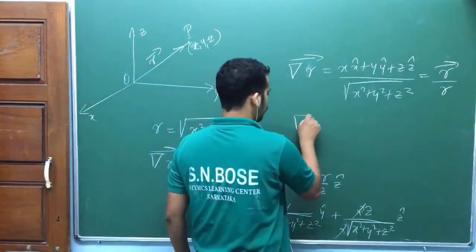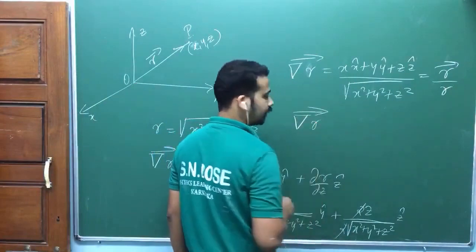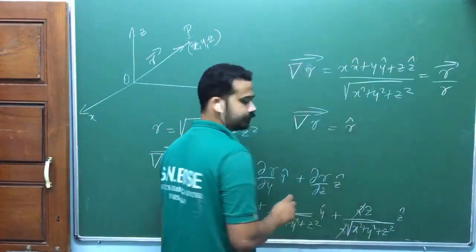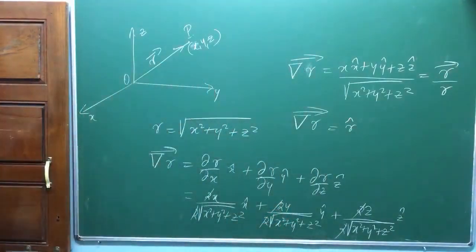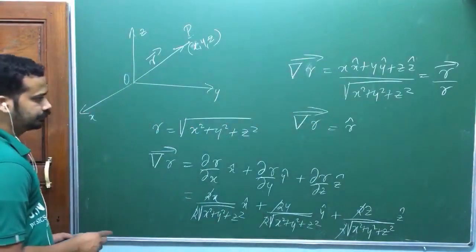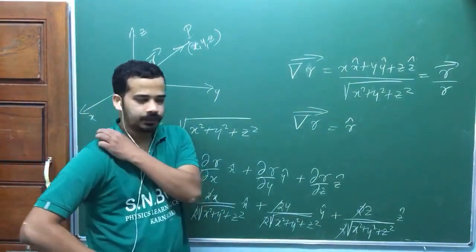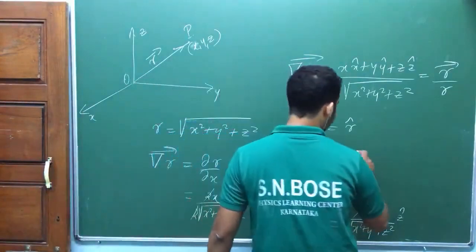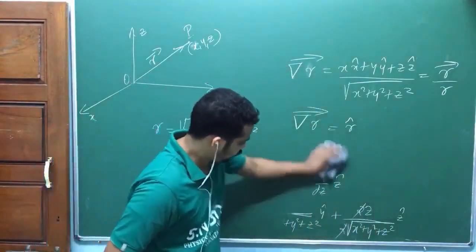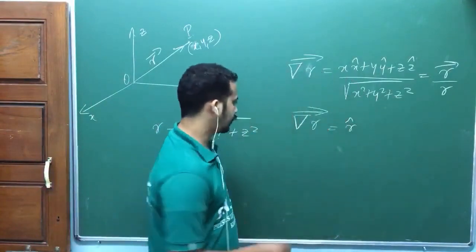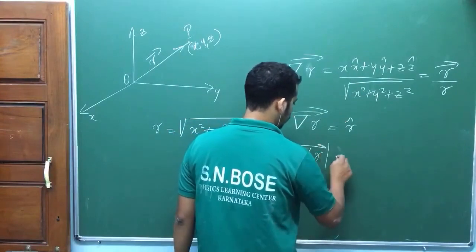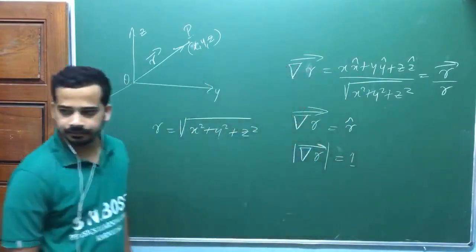So the gradient of radial distance, or distance from the origin, is equal to r cap. Now what is the magnitude of this one? I hope you can do this. 1, am I right?